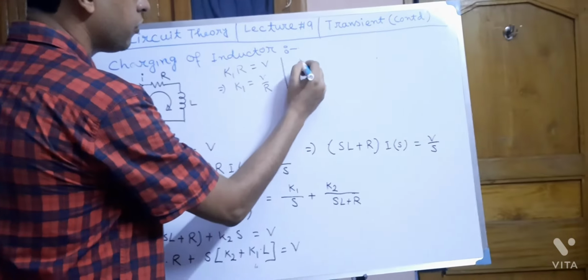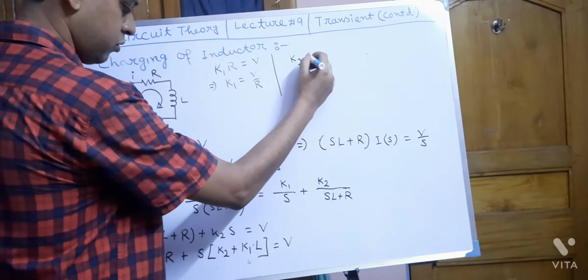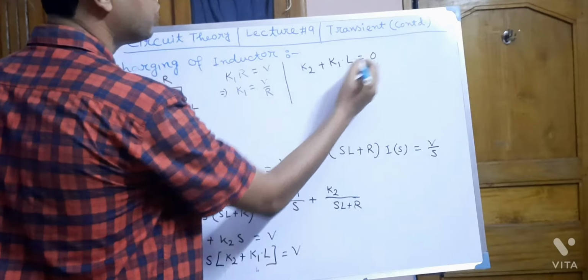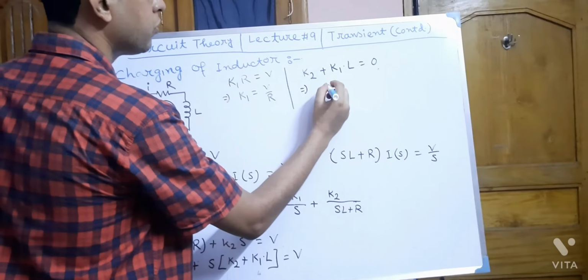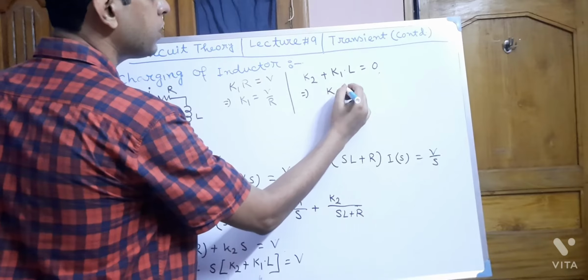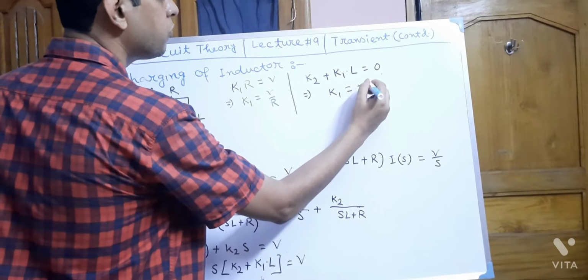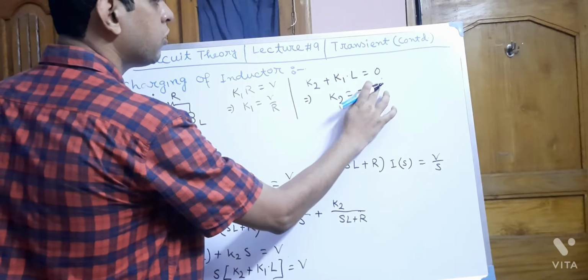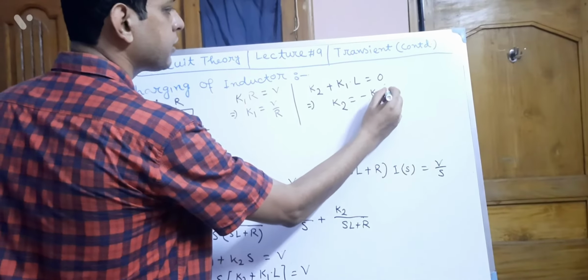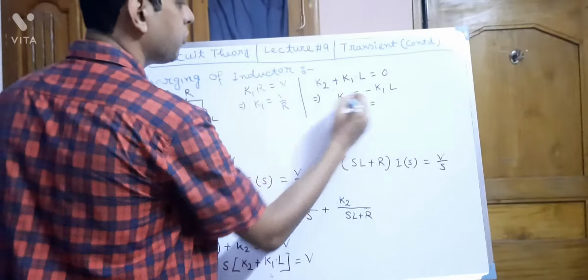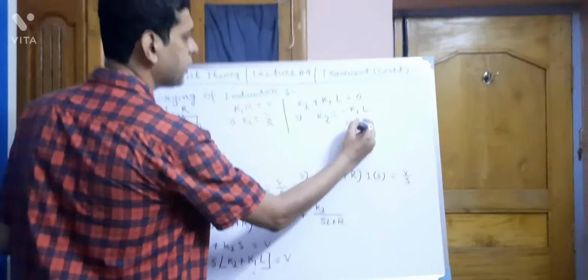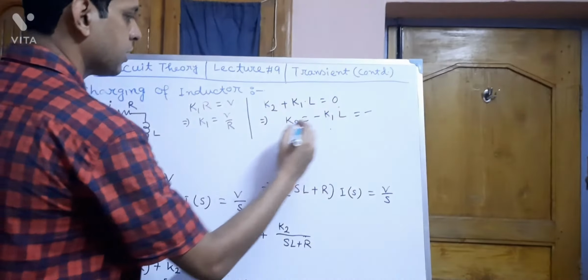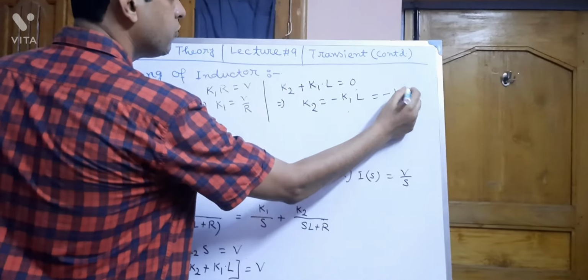So K2 plus K1 into L equal to 0, so K2 equal to minus K1 into L. As K1 equal to V by R, K2 equal to minus L into V by R.